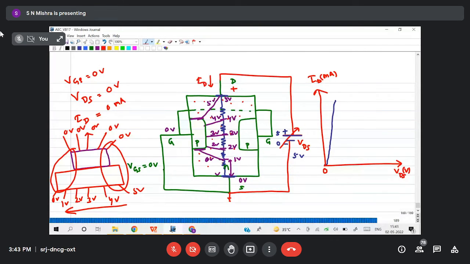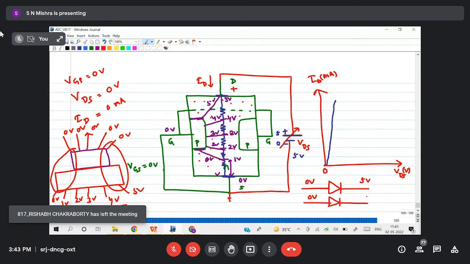Still not getting? PN junction is reverse biased, less reverse biased and more reverse biased. How will we know? Let us see here. This is my PN junction diode. If I want to draw the same picture here, this is my 0 volt. Top side it is connected to 5 volt.